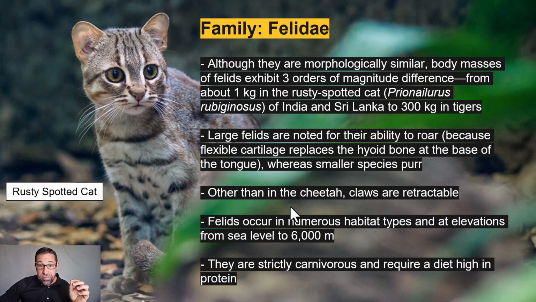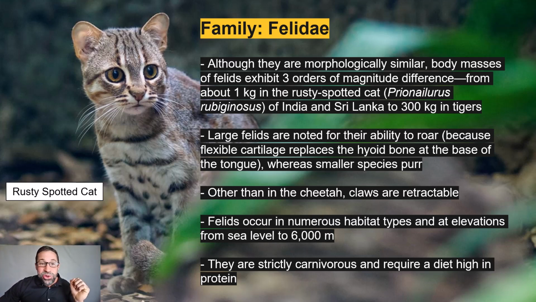Other than in the cheetah, all cats have retractable claws. So if you spend any time in the field tracking carnivores, you can always tell the difference between canid and felid tracks by looking for claws or the absence of claws. The resting position of those claws in cats is actually in.